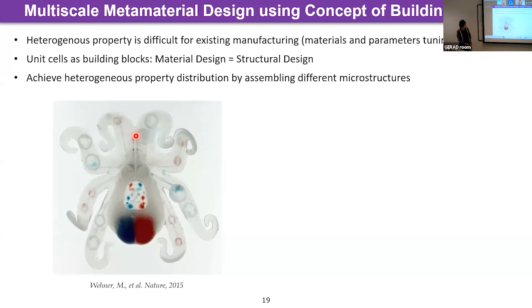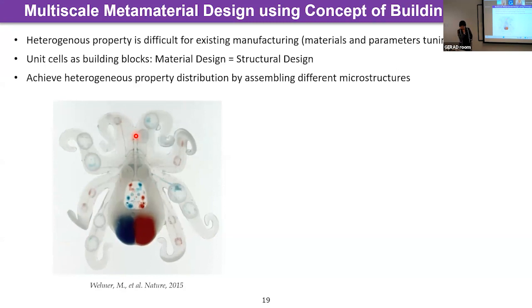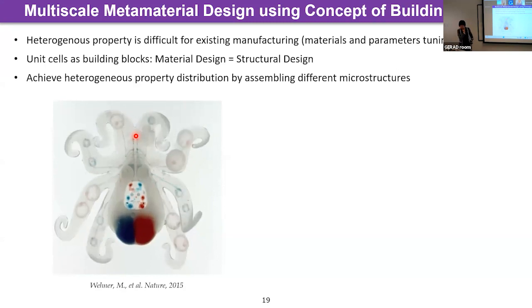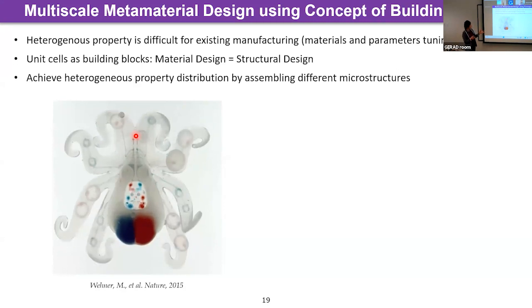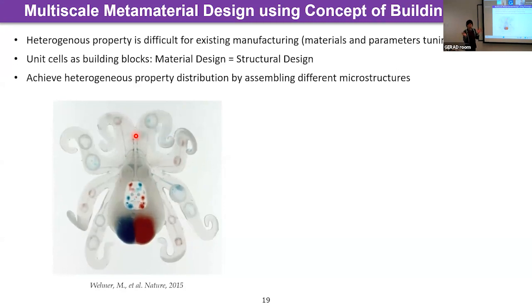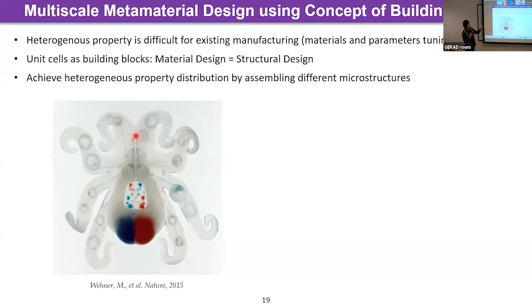And I know some of you are interested in soft robot systems, and I want to use this as a motivating problem to demonstrate why we need to design heterogeneous systems, okay? In order for a soft robot to deform in the way you design, you need to design the structure so that the stiffness is different at different locations.